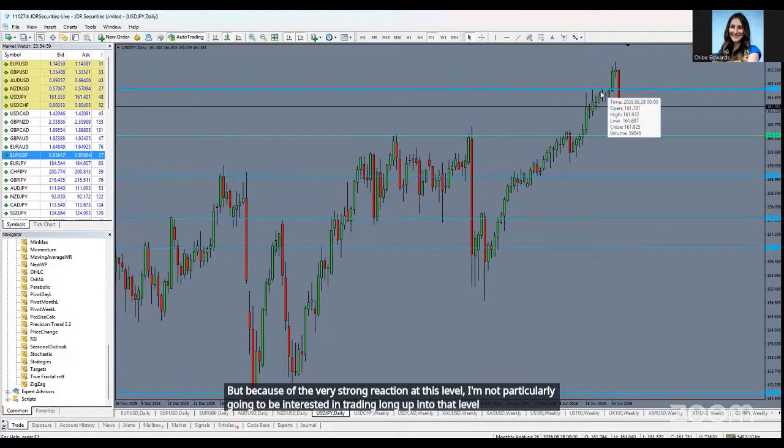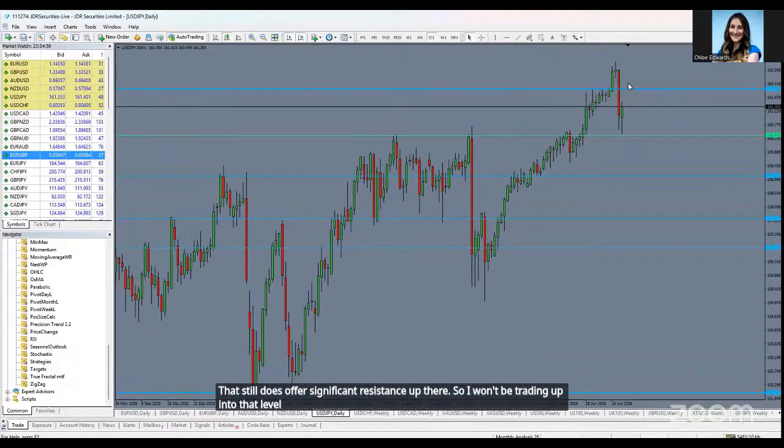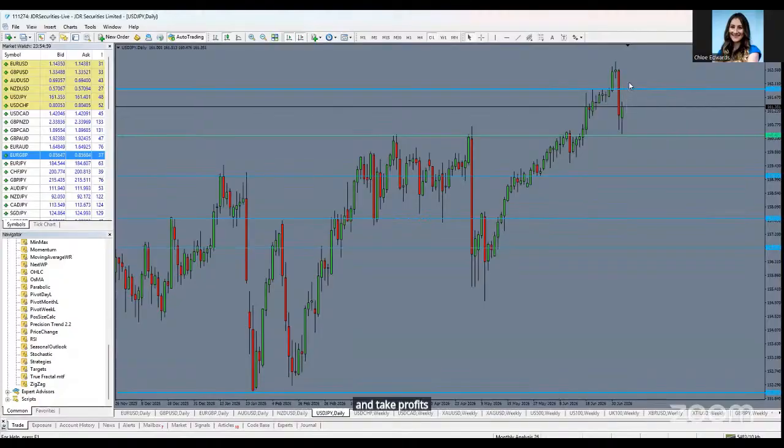That still does offer significant resistance up there. So I won't be trading up into that level. But if price does reach above that level, then yes, I will be looking out for longs. On shorter time frames, it might be possible still to trade long here and take profits before that level.